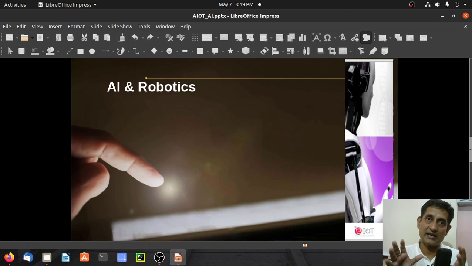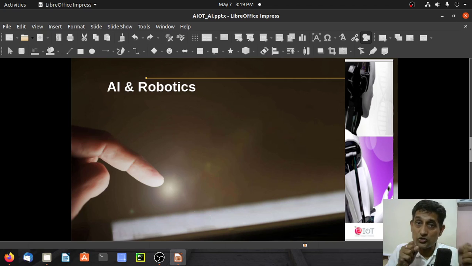Robotics is, in general terms, the highest grade of automation. But if that robot, that machine, can learn from previous experience, then that is AI robotics.